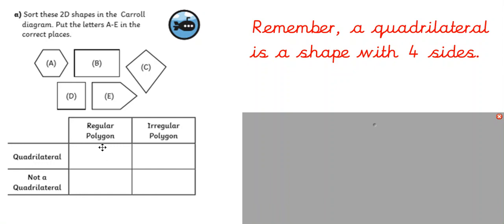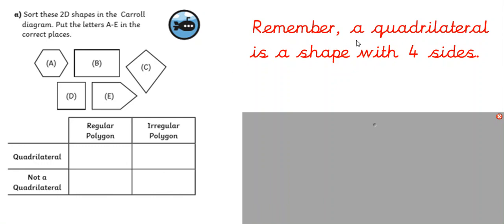So in this box here, the shape would be a regular polygon and also a quadrilateral. In this box here, the shape would be an irregular polygon and a quadrilateral. In this box here, the shape would be not a quadrilateral and a regular polygon. And in this box here, it would be not a quadrilateral and an irregular polygon.